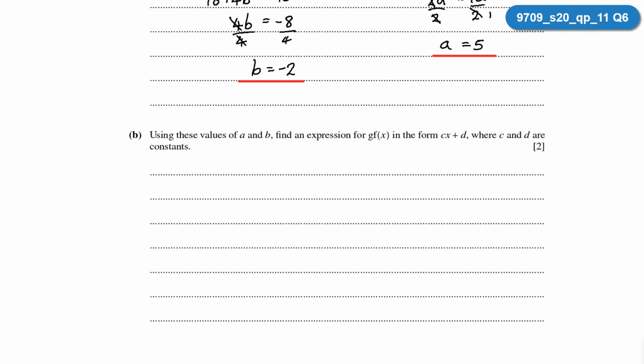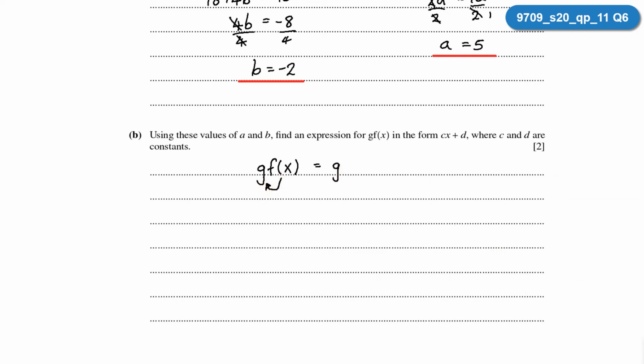It goes, using these values of a and b, find an expression for g of f of x in the form cx plus d, where c and d are constants. So here, they want us to find g of f of x. So this is a composite function, and we know that f of x is an input into the function g.